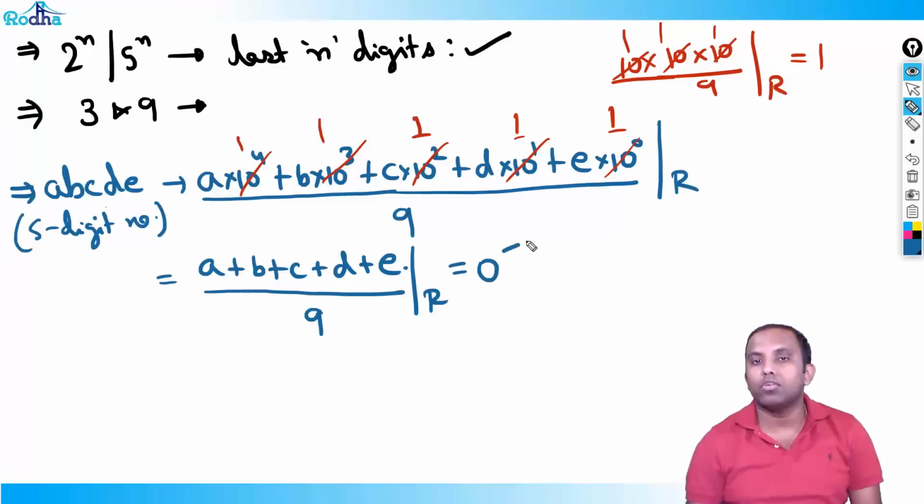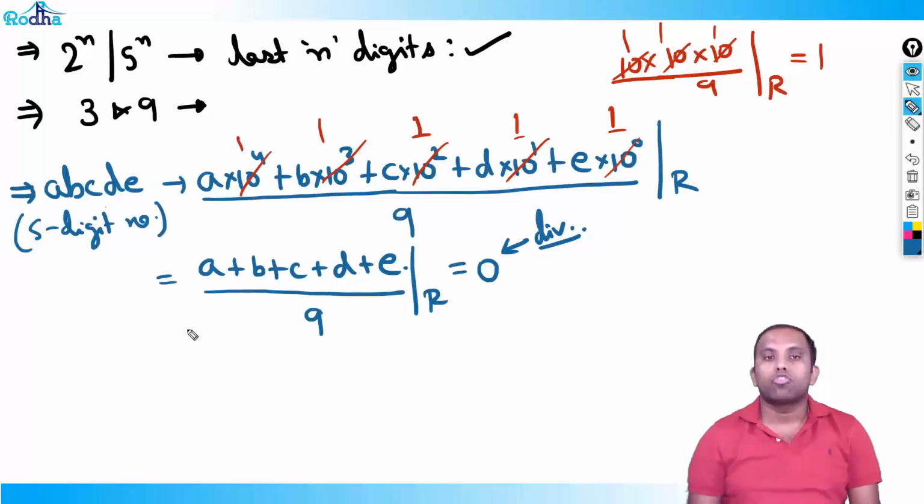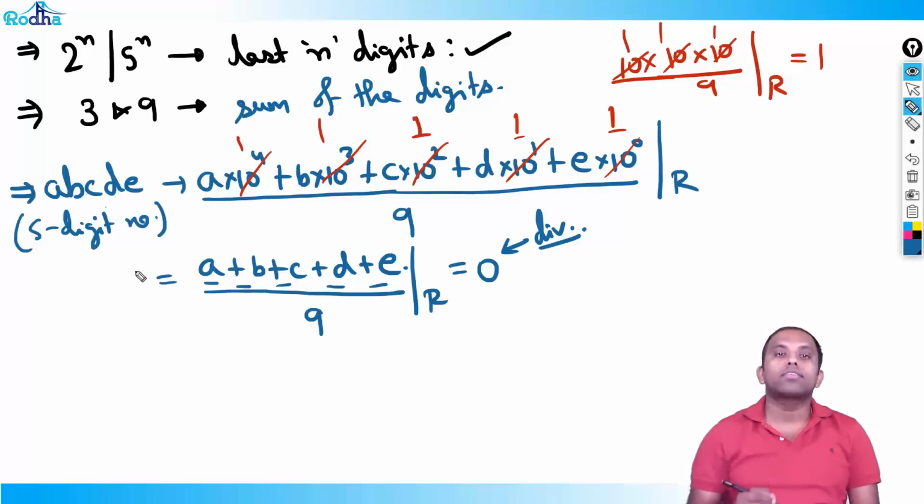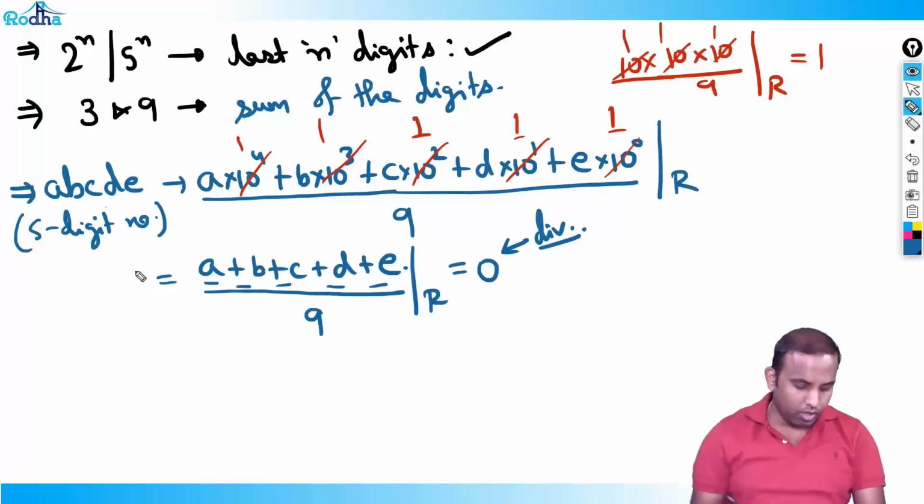So the rule for 9 is A plus B plus C plus D plus E, that is, the sum of the digits. So the rule for 3 and 9 is to check the sum of the digits, because all powers of 10 when divided by 9 leave remainder 1.